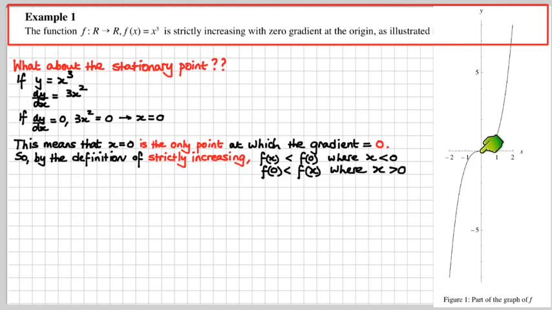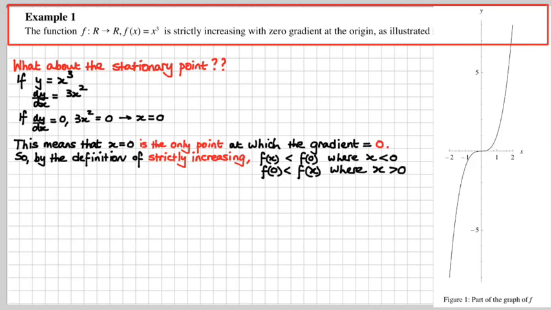All right, so just to hammer the point home, let's say x is 0. If x was minus 0.10 zeros and then a 1, f of x will be less than the value of f of x when x is 0. And if x was 0.10 zeros and then a 1, the value of f of x will be more than the value of f of x when x is 0.